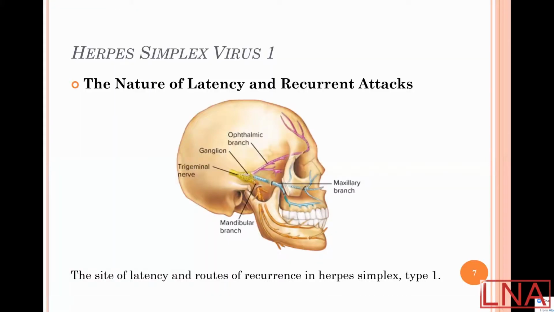Okay, can you see it? Yes, doctor, we can see the screen. Okay, that's very good.